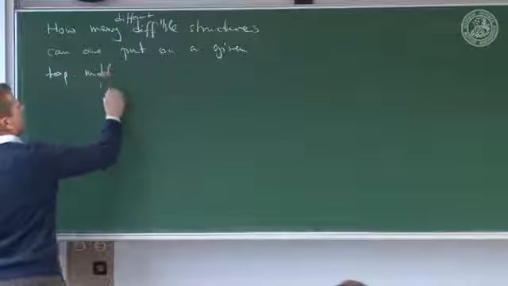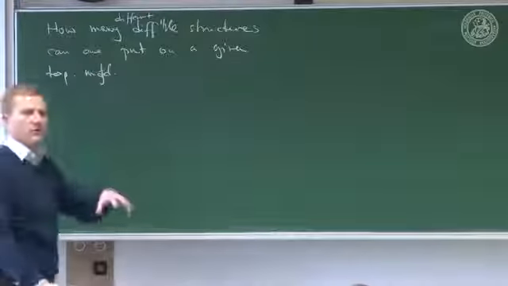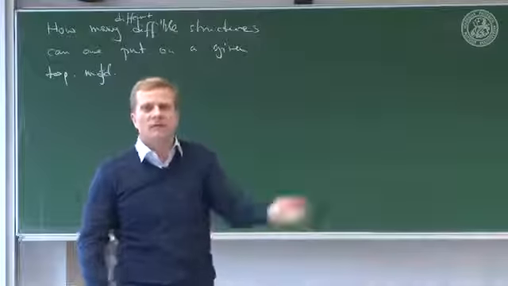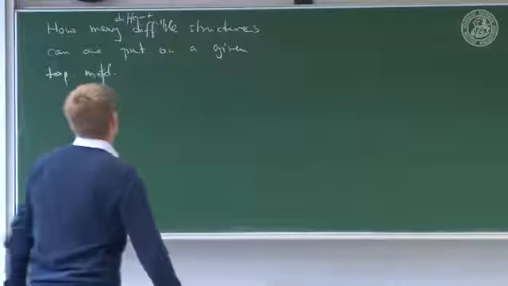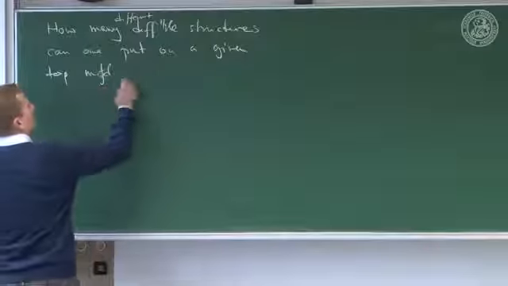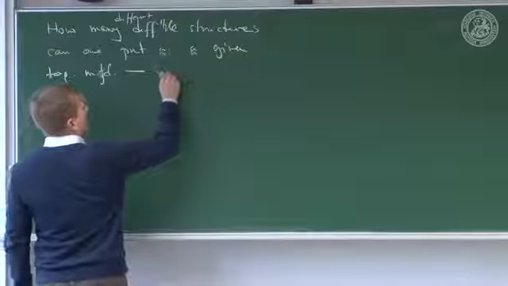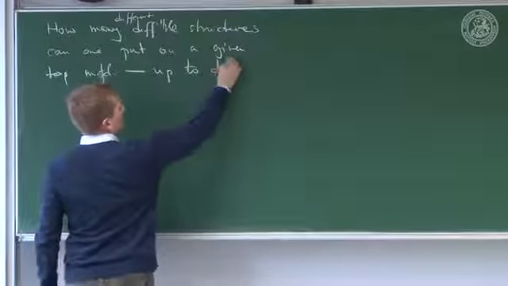So the idea is I hand you a topological manifold and you have to decide which differentiable structure to put on it, and the whole thing is up to diffeomorphism.